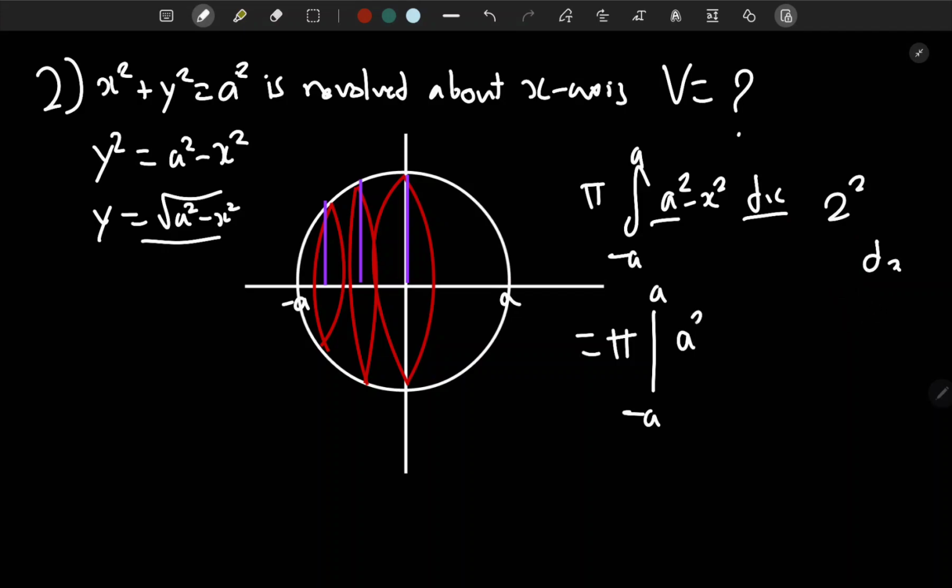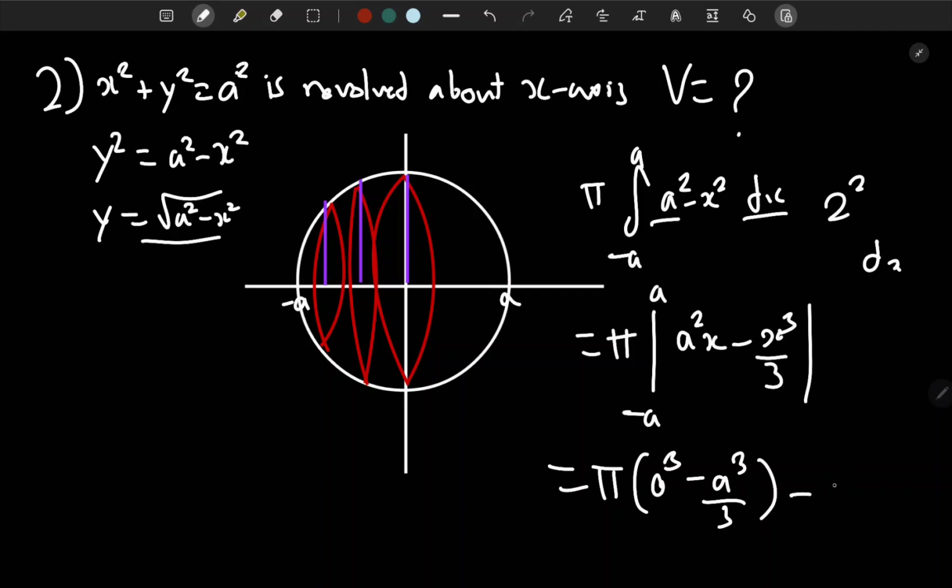So here it is going to be a squared x, since a is a constant, we are not integrating in terms of a, it's actually x, minus x cubed over 3, and let's put in the limits now. So this is equal to pi into, we substitute x with a here, so it's going to be a cubed minus a cubed over 3 minus, and then open brackets. Oh, I forgot the pi.